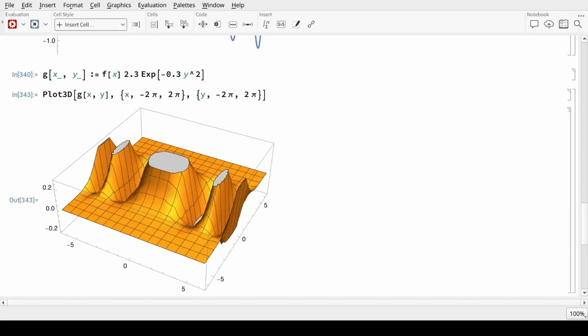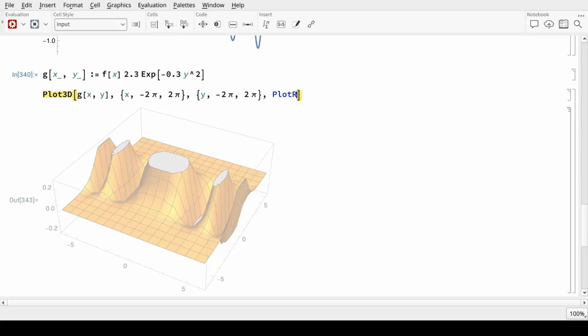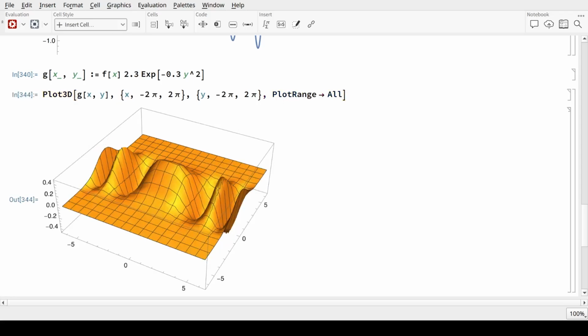Let's just fix the range. Plot range All, and we get our 3D graph. And this is it.